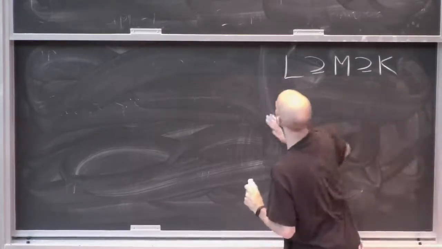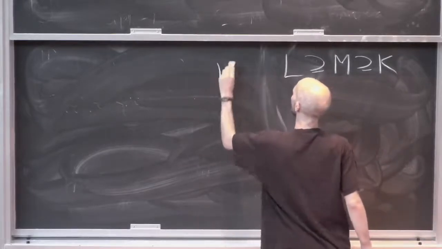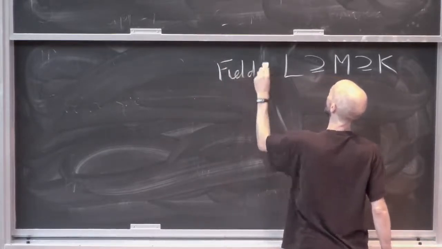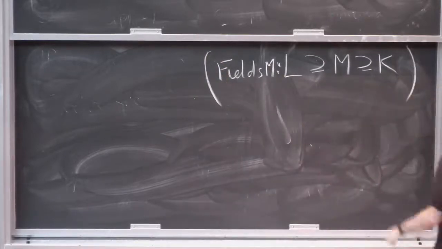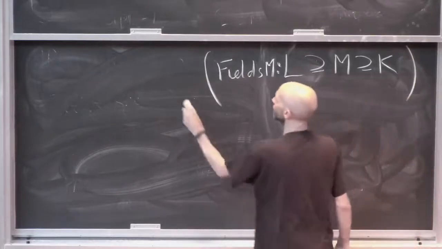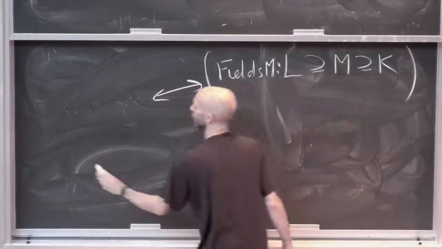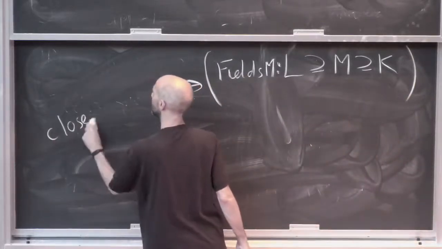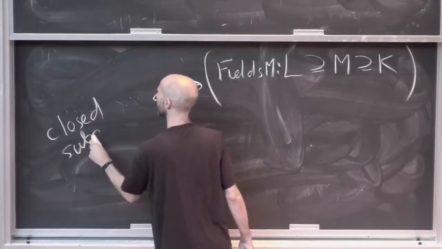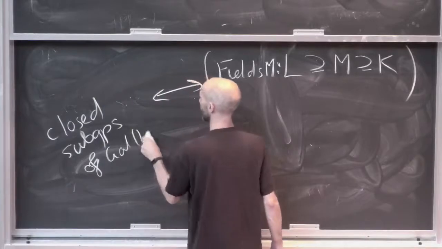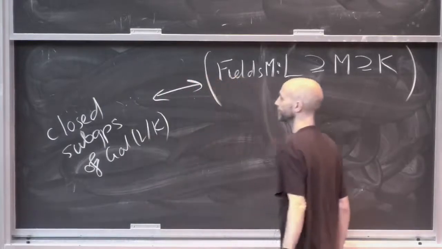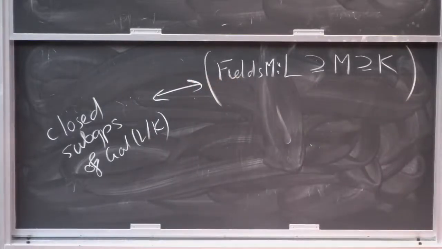Well, on this side, it's the fields M such that M is sandwiched between L and K. And the correspondence is between this and closed subgroups of Gal(L/K). So that's the new bit.